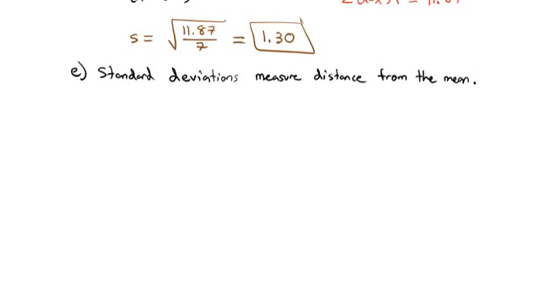And in statistics, we will use a very important variable to represent the number of standard deviations we are from the mean. That variable is always going to be z. z is the number of standard deviations from the mean.